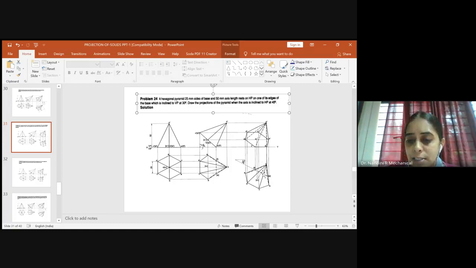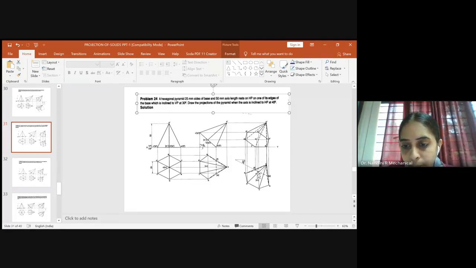Once this side has been obtained, we need to construct the remaining part of the given solid, right? So what you do is, after getting this side, try to construct the remaining part of the bottom surface first. Kindly name this as F and A. After naming F and A, you can see that you have the other corner parallel to F and the other corner parallel to A, right?